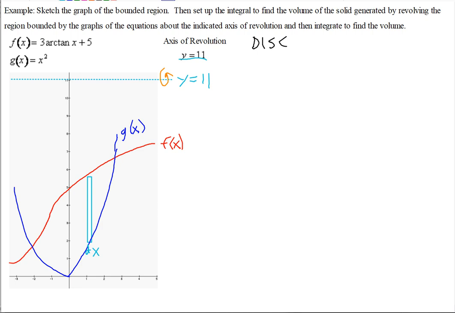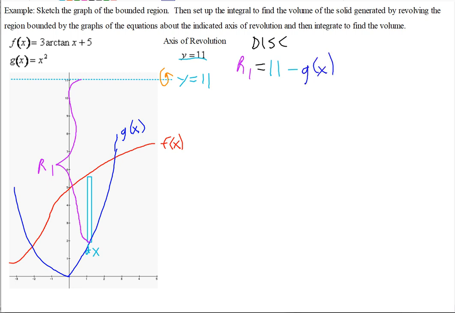R1, remember this region is going to revolve around this axis, goes from the axis of revolution to the far end of the rectangle, which in this case is the bottom. So R1: on the top is our axis of revolution 11, minus on the bottom is g of x. It'll be 11 minus g of x.